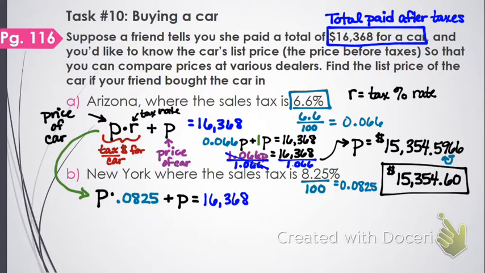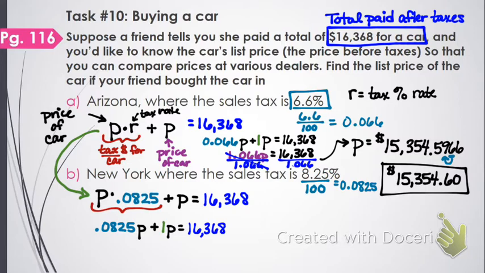So I'm going to rewrite the tax part of this by moving that number to the front so I see it very clearly as a coefficient. So I'm going to write this as 0.0825p plus how many other p's? Plus one other p is equal to 16,368. So far, so good?